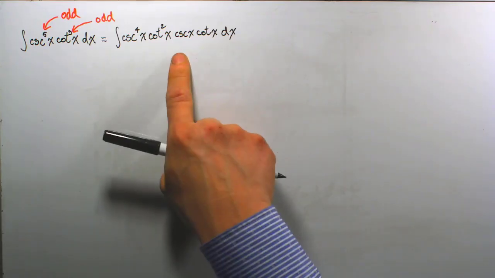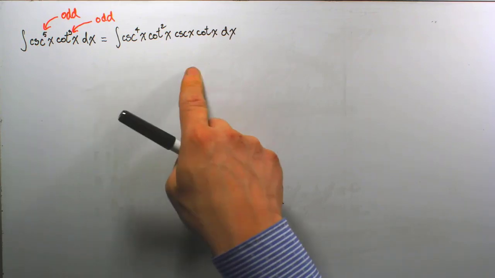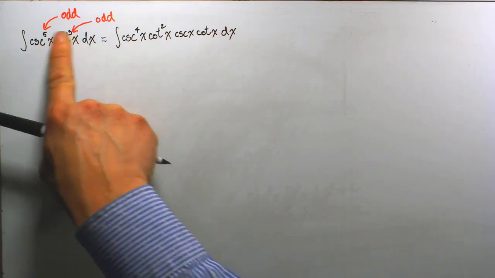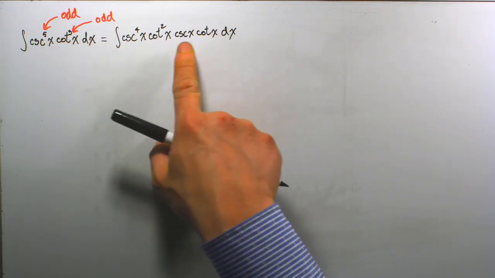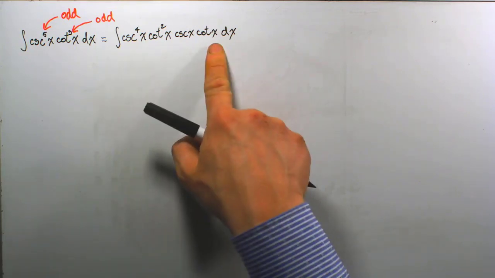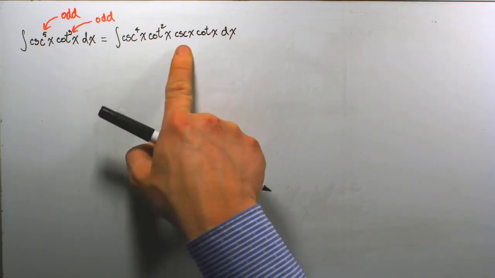Once we recognize that both powers are odd, I can separate out one power from the cosecant and one power from the cotangent, and this is everything that remains.